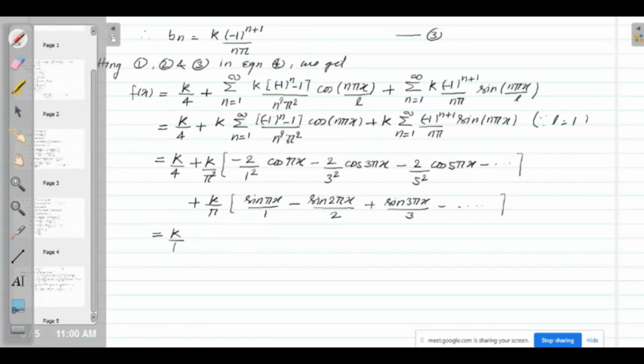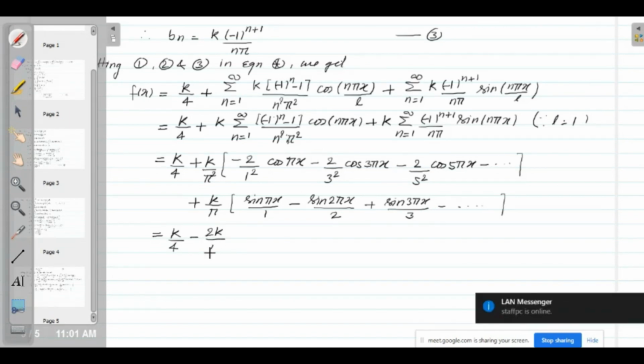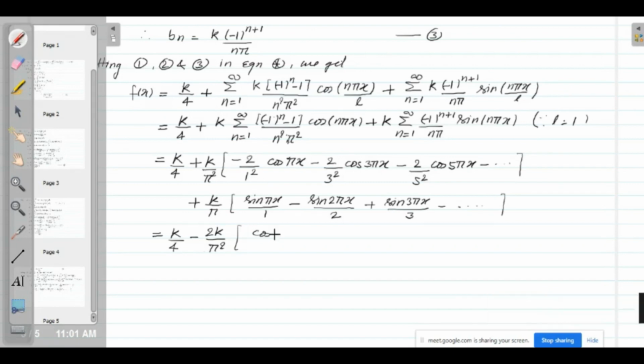K by 4 minus 2k by pi square, and write down cos pi x by 1 square, plus cos 3 pi x by 3 square, plus cos 5 pi x by 5 square, plus so on.